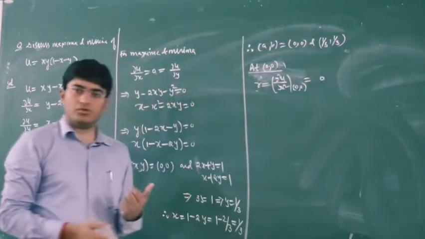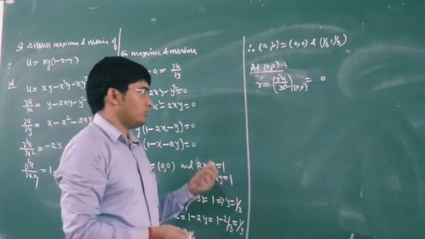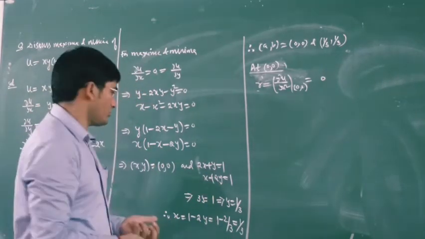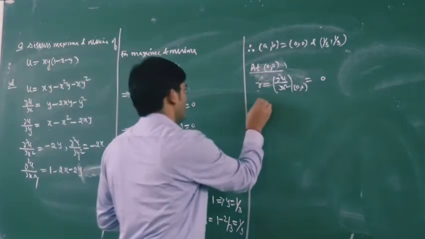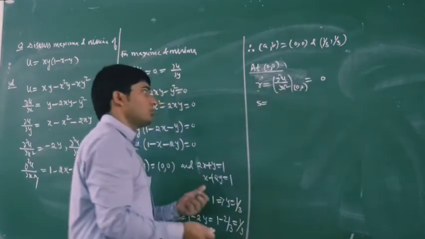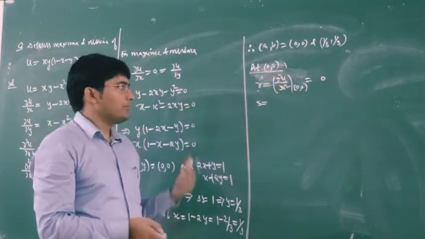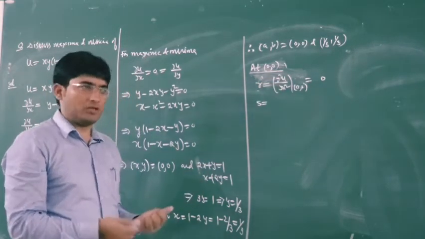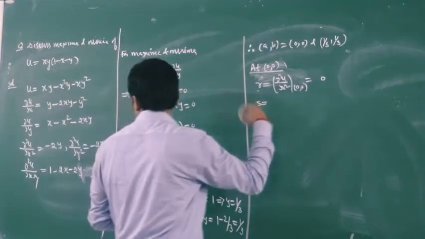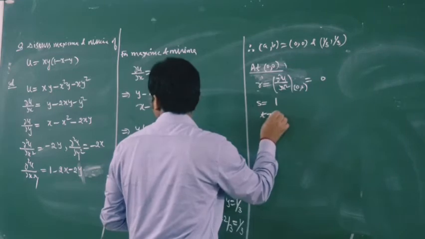So as your R is 0, we cannot say anything about this because it can have either minus sign or positive sign. Again, if you want to calculate S, your S will be 1 and your T will be again 0.